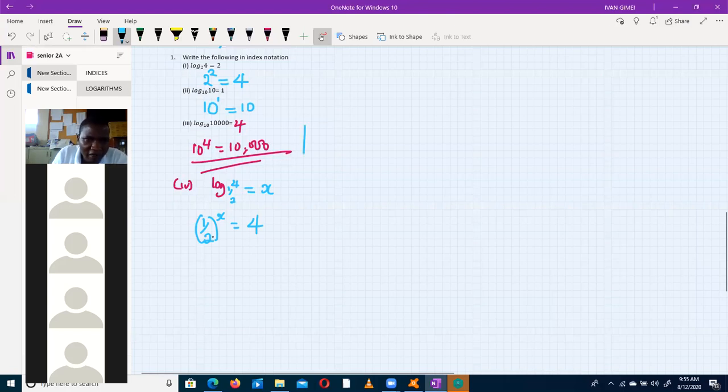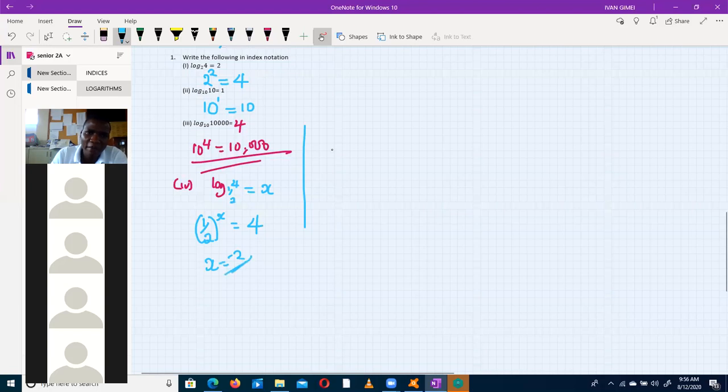Who can tell us what the value of x will be using the knowledge we acquired from indices? x equals -2. That is perfect.